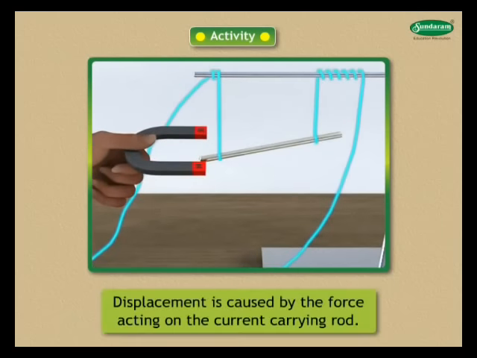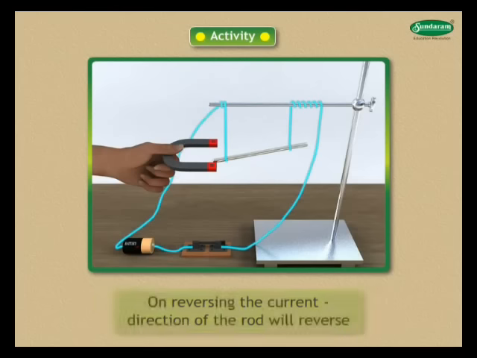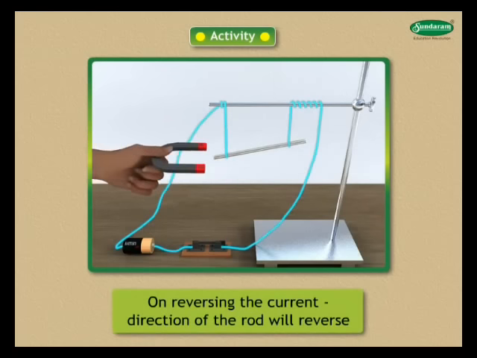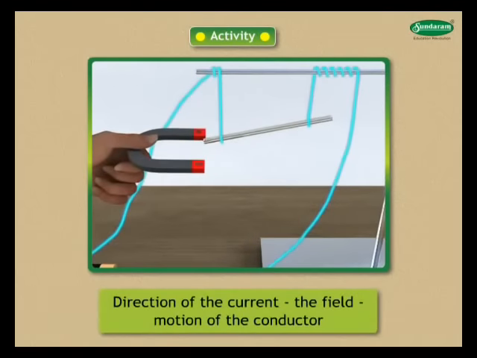This displacement is caused by the force acting on the current-carrying rod. The magnet exerts a force on the rod directed towards the right, with the result that the rod will get deflected to the right. On reversing the current or interchanging the poles of the magnet, the direction of the rod will reverse.